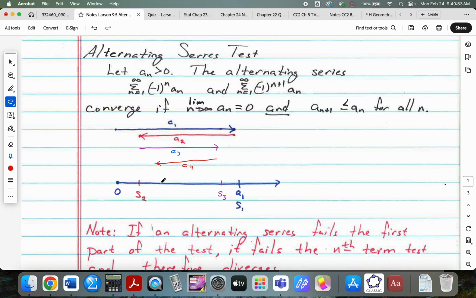For a sub 4, so that's going to be S sub 4. So you can see what's happening. It's a damped oscillation. Just like if you start a pendulum, eventually it starts slowing down to where it stops unless you have some force acting on it. Just the wind resistance does that.